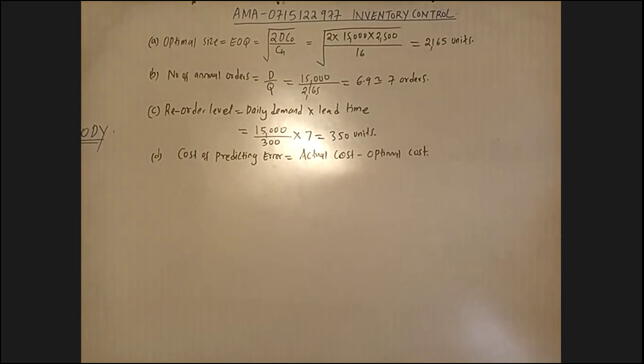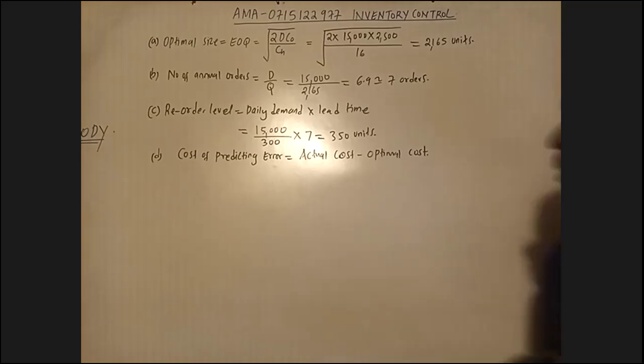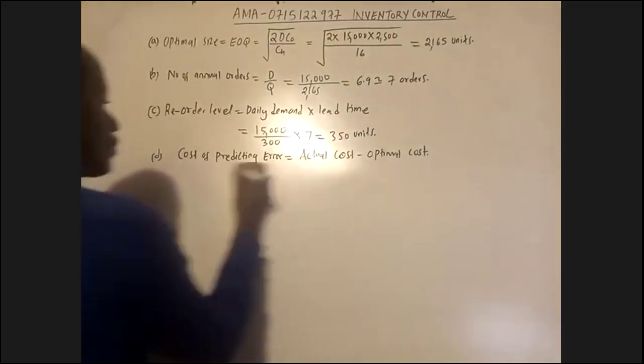So the cost of predicting error, if the actual cost of capital and the ordering cost is 18% and 3,000. So that's our actual cost.